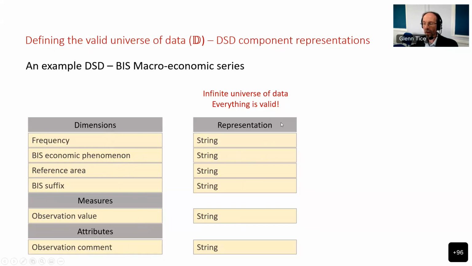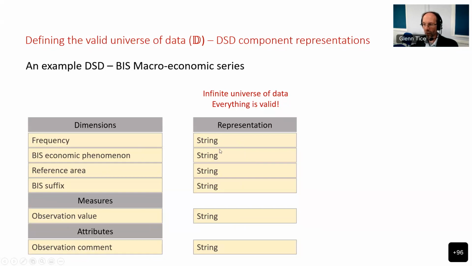And we could design the DSD with so-called representations for each of these components, just simply as strings. So this is one way to do that. You can do this in SDMX. There's nothing stopping you doing this. The big problem with designing your data structure definition like this is that the universe of data for this DSD is effectively infinite.